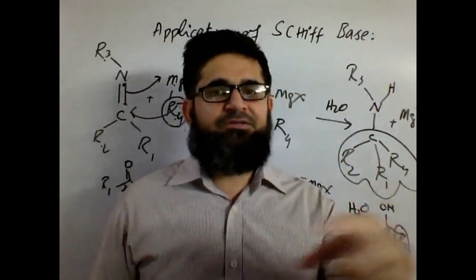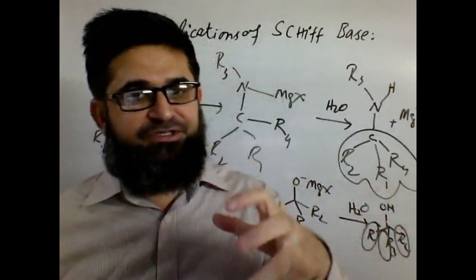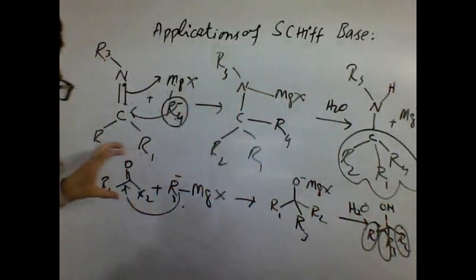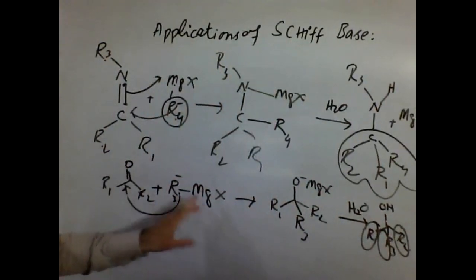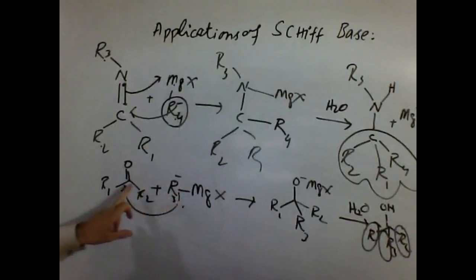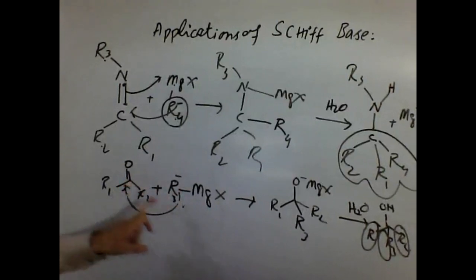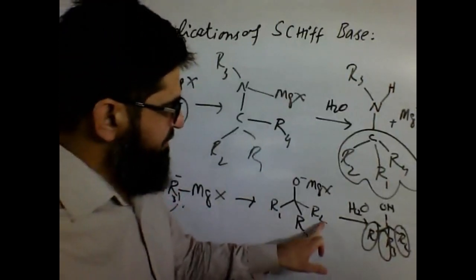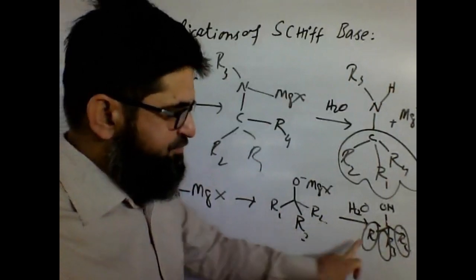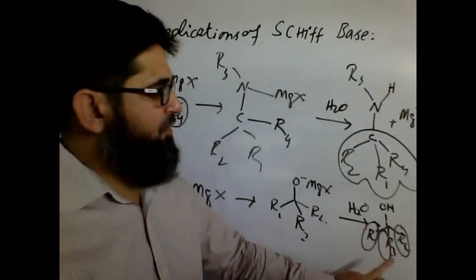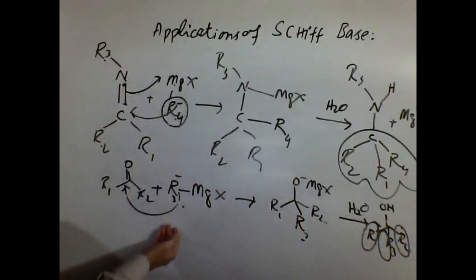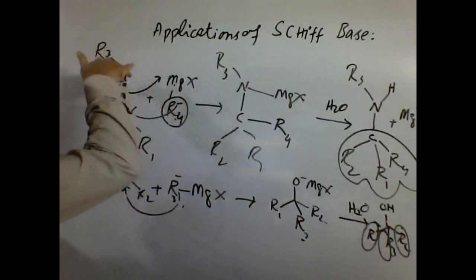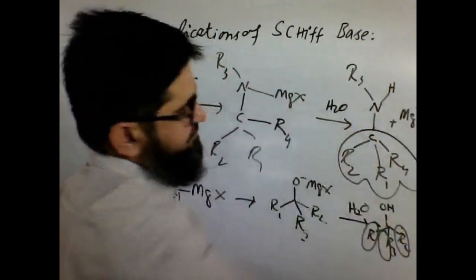You got the question? Students consider that when aldehydes and ketones react with Grignard reagents, the alkyl part from the Grignard reacts at the carbonyl carbon, increasing the number of substituents. So if we can increase the number of substituents directly from the aldehyde or ketone, then why do we first generate the imine and then react it?